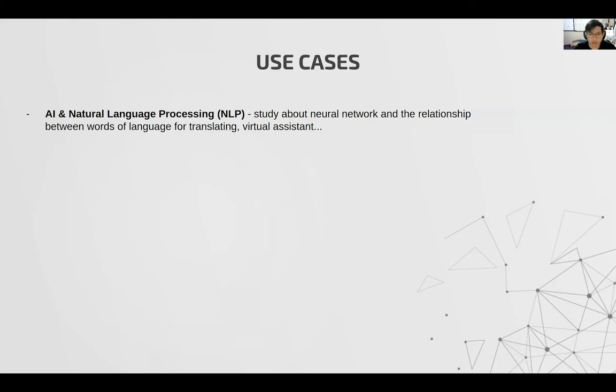And also NLP will study the relationship between words in the language for the purpose of translation and virtual assistants, for example, recommending a word in a sentence. For example, we have a sentence like, I am a student.